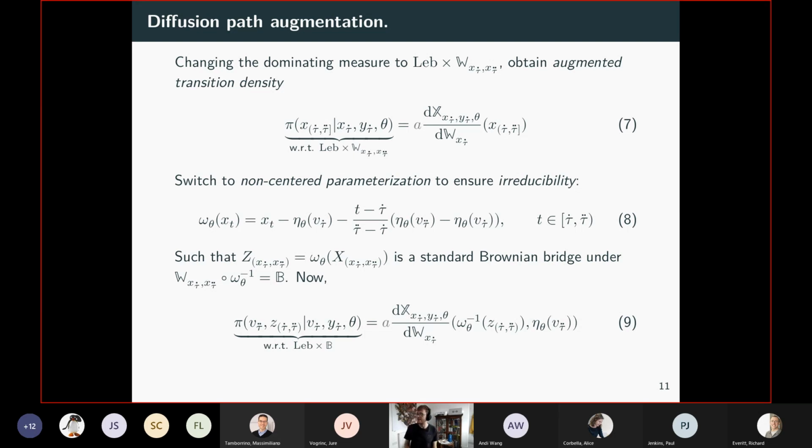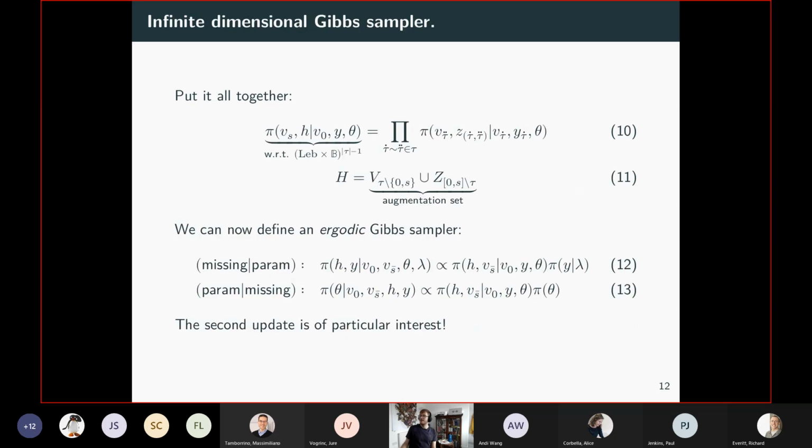So now we have a density for something that is infinite dimensional, but that could in principle be tractable. If we put those bits together between any two observation times, we get the augmented transition density of V given V0, adding the path in between in a certain parameterization. And H then is going to be the full missing data augmentation set.